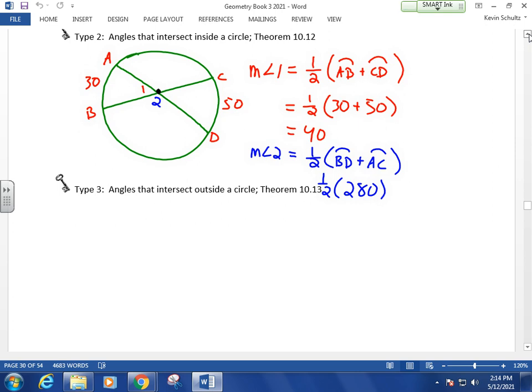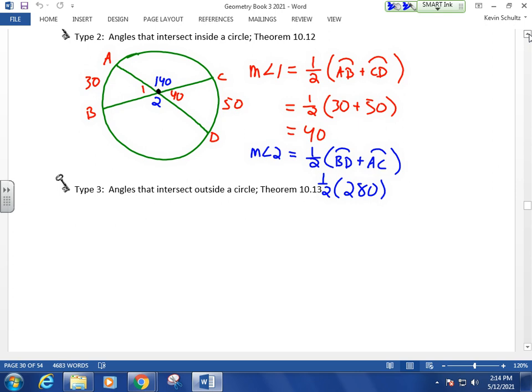Because if angle 1 is 40 degrees, why would angle 2 have to be 140 degrees? Elise? They're supplementary. They make a line, right? And supplementary angles have to add to 180 degrees.